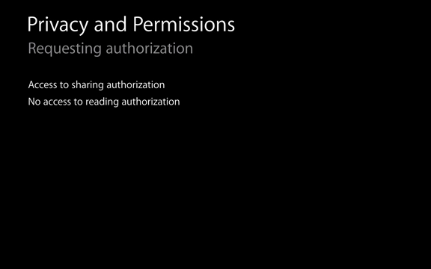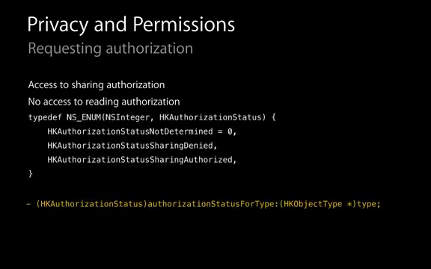This is because for some kinds of information, knowing that the user blocked your app can be just as private as knowing the data itself. For example, if a user were to block your app from reading their blood sugar, it might indicate that they're diabetic, and we don't want to leak this information. You can check your authorization status for a particular type using HKHealthStore's authorizationStatusForType.